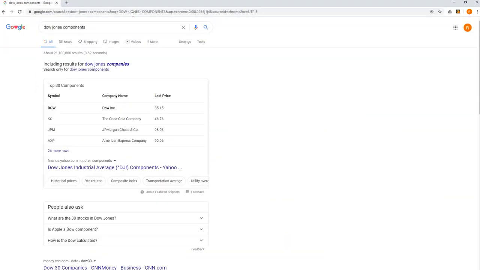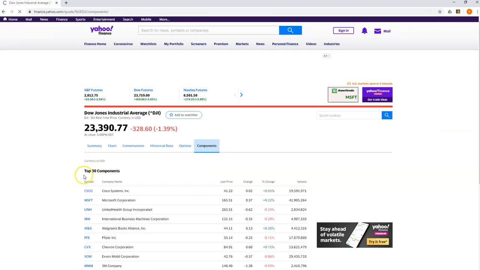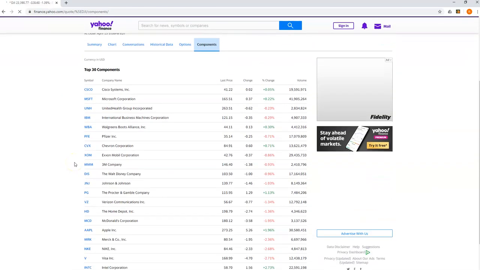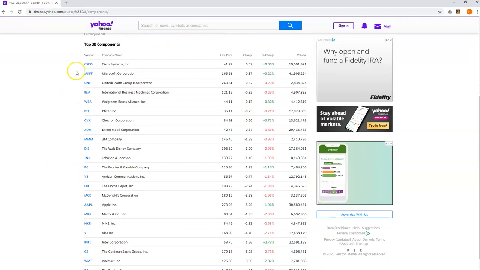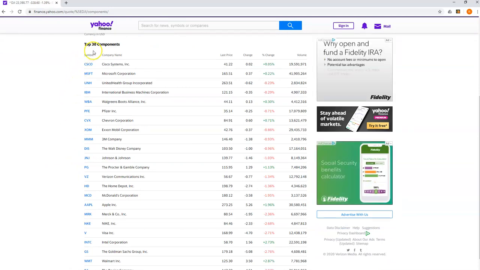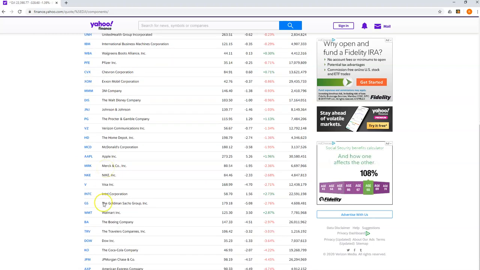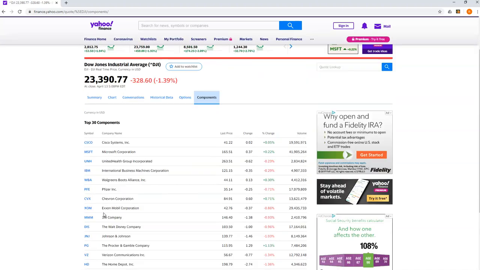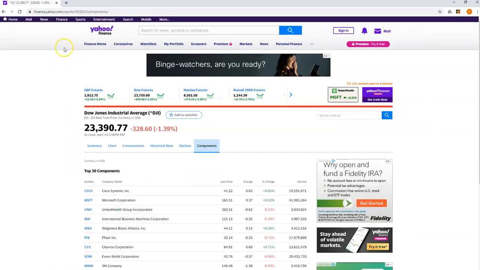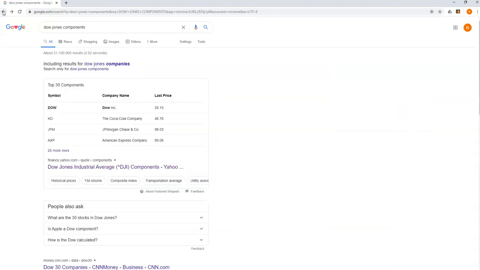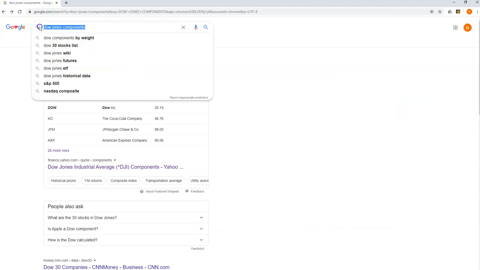Now, the Dow Jones is composed of multiple companies. And these are the companies that are currently included in the US Dow Jones Index, which includes 30 companies. Now, in the stock market, you have thousands of companies. So these are just the 30 that are included in the Dow Jones Index. Okay? Another index that's highly quoted is the S&P 500.